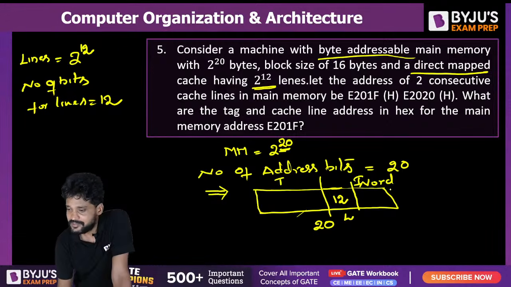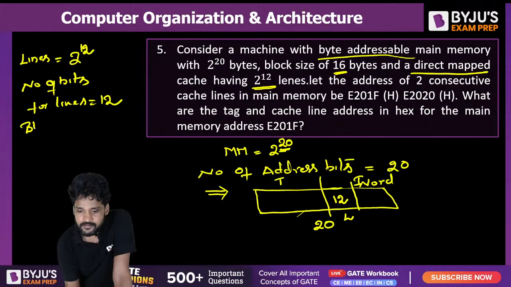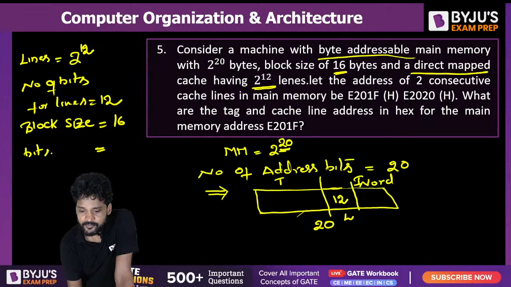What is the word field here? The block size is equal to the word field, right? Block size is equal to 16 bytes. That means the bits in the word field is equal to 4.